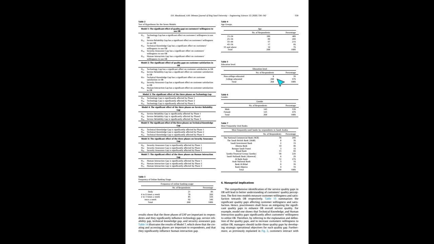So this is an explanation of a case study for measuring the quality gaps in the service industry, in particular in online banking, as an extension of the previous lecture on quality in service.